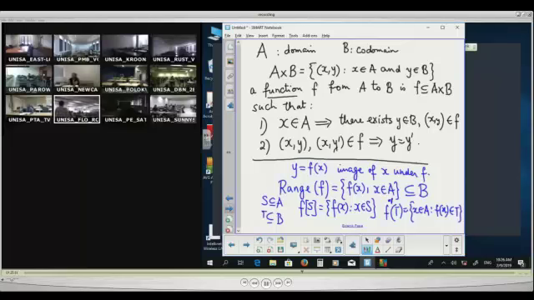So we say x is a pre-image of y. So y is the image of x and x is a pre-image of y. This is f inverse of T. It's usually called the pre-images of T. This is the set of all pre-images of T, things whose images are coming from T.